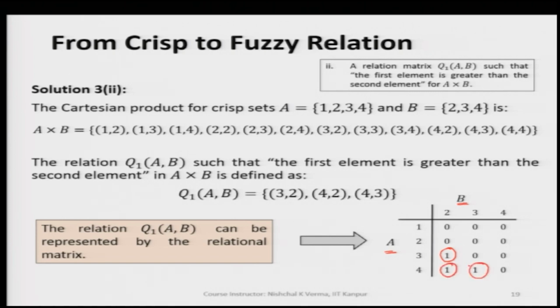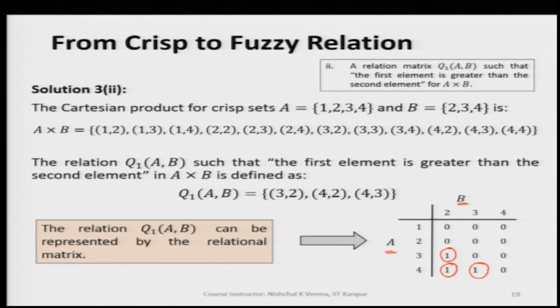In this Q1 relation set we have only 3 elements. So, we write 1 only for these, and all other elements will be 0. It has to be noted that we are writing 1 because the logic is Boolean logic.